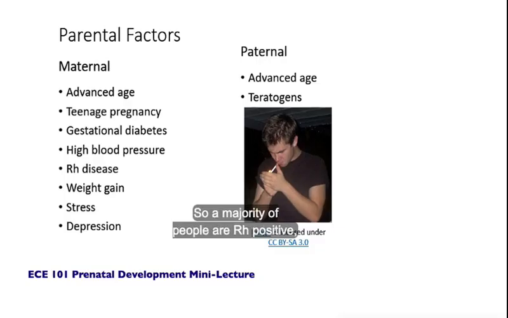So a majority of people are Rh positive, meaning they have the protein. But there are some people that don't. I happen to be one of those people. And so I don't have that protein, but I could have a baby that does, depending on the genes of the baby.